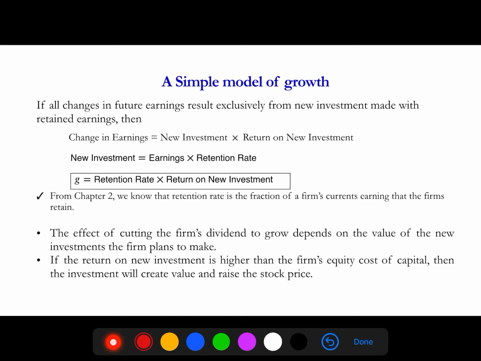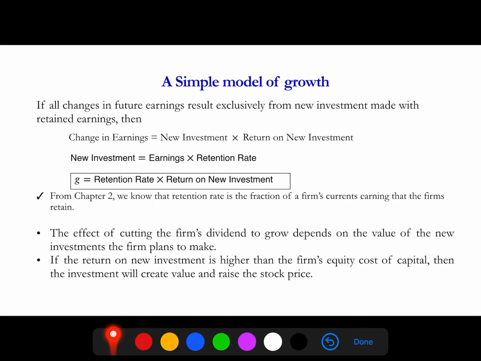So here we see a simple model of growth. Our assumption here is that all changes in future earnings result exclusively from new investment made with retained earnings. So whatever we retain from the net income, the changes in future earnings will result from that retained earnings. So change in earnings equals new investment multiplied by the rate of return we get on those new investments.